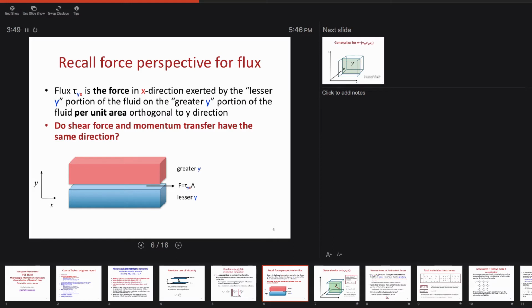Now, to fully describe the situation, I don't just stop at the y plane, I do the same thing across the x plane and z plane as well. Suddenly there are 3 things I can transfer across 3 possible planes. So I have a 3 by 3 set of tensor components that I need. That's why I need a matrix to describe it, which is going to be our stress tensor. A tensor is simply described by a matrix.